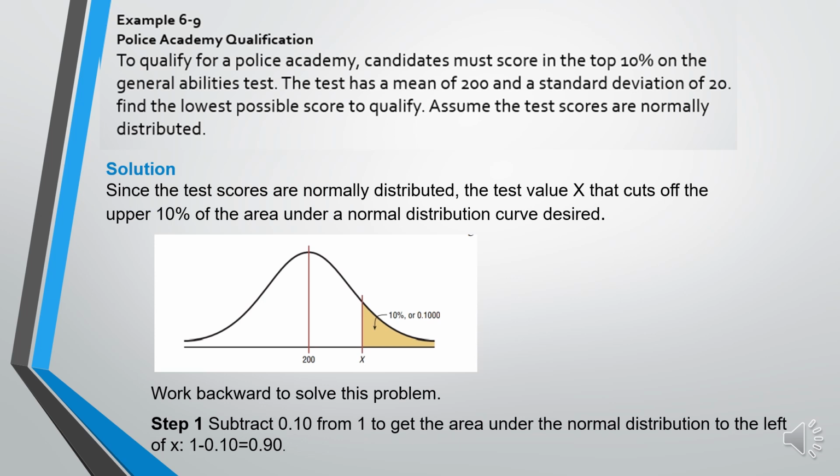Subtract 0.10 from 1 to get the area under the normal distribution to the left of x. So we all know that the 1 comes from the normal distribution, which is equal to 1. So we need to subtract 0.10 from it. So it is equal to 0.90.